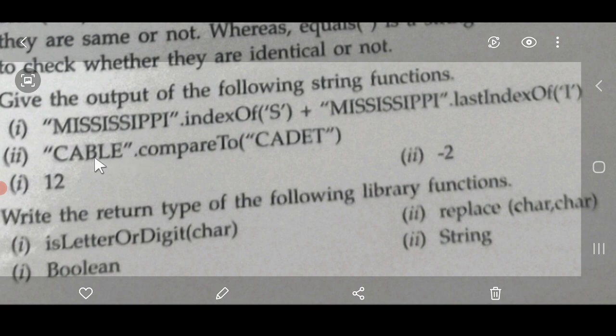The ASCII value of capital A is 65, capital B 66, capital C 67, capital D 68. So 66 minus 68, that is minus 2. So the output will be, first one 12 and second minus 2.